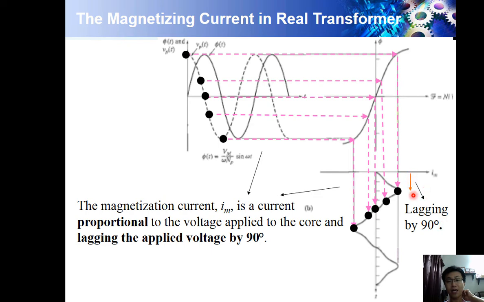This is called lagging by 90 degrees. So the magnetizing current IM for this graph is a current proportional to the voltage applied. You see, when it's peak, it is peak. When it's low, it is low. Proportional to the voltage applied, but lagging the applied voltage by 90 degrees.